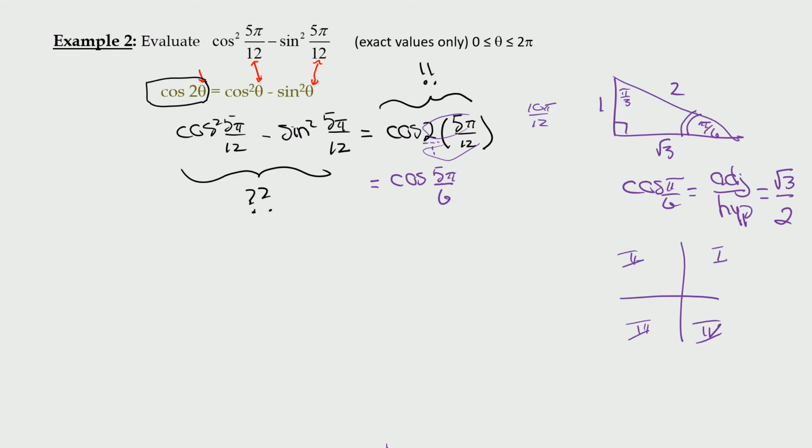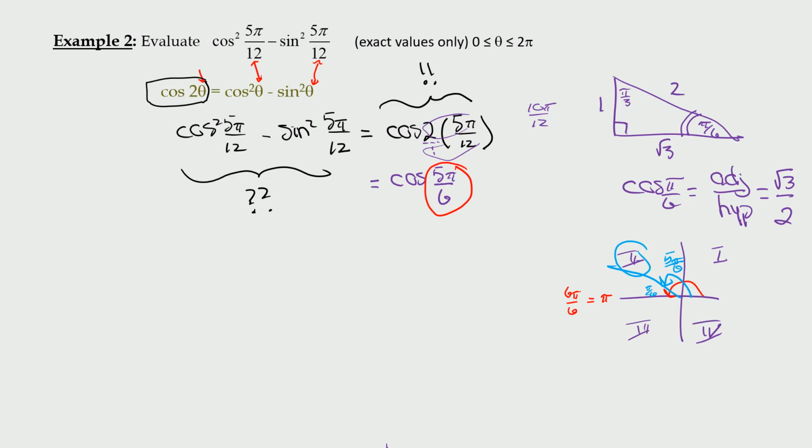5 pi over 6. Remember that 180 degrees is pi. In this case, we're using a denominator of 6, so I'm going to write that instead as 6 pi over 6. So if rotating all the way to here is 6 pi over 6, then 5 pi over 6 is just short of that. So I'm going to put 5 pi over 6 right here. There is 5 pi over 6. And our related acute is the pi over 6.